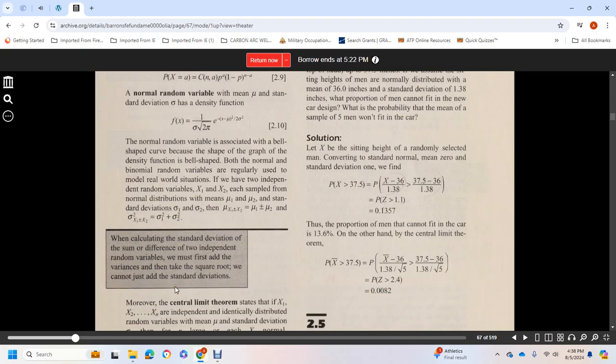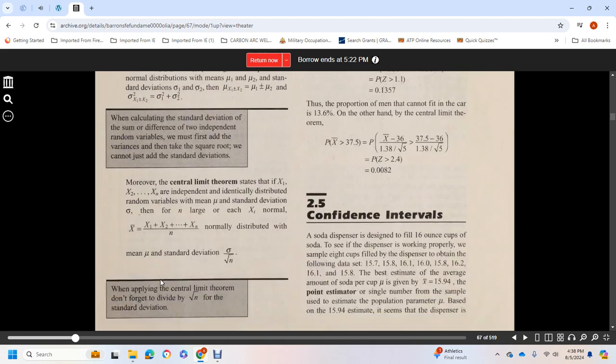When calculating the standard deviation of the sum or difference of two independent random variables, we must first add the variances and then take the square root. We cannot add standard deviations.